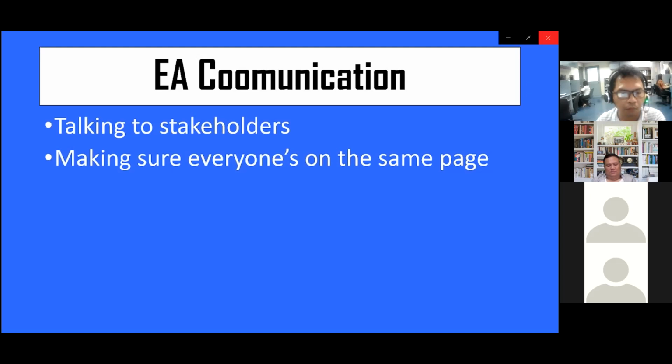That's why it's so important to communicate well with the stakeholders. When it comes to implementing enterprise architecture, expect that there would be resistance, and it's good that we communicate in a way that serves the interest of everyone, and especially the business itself.